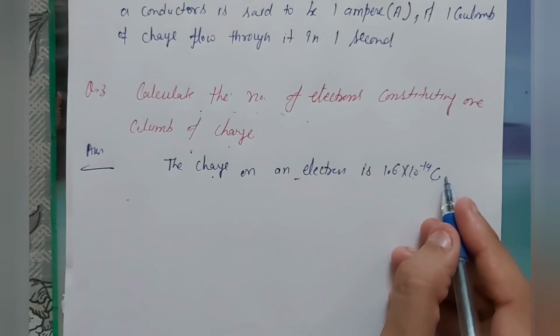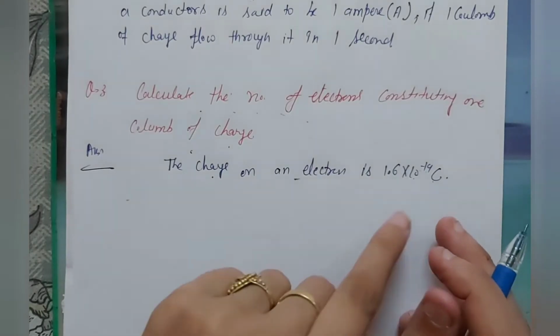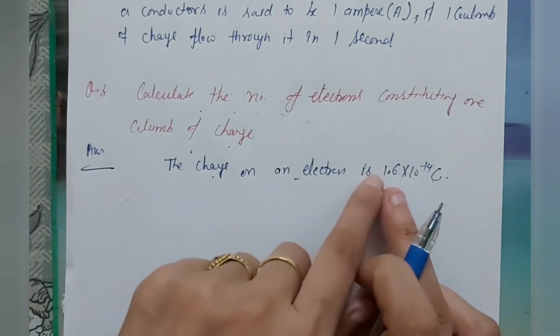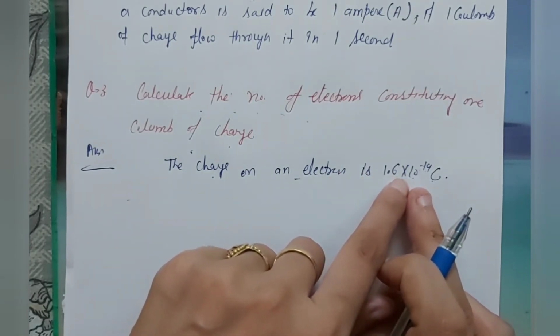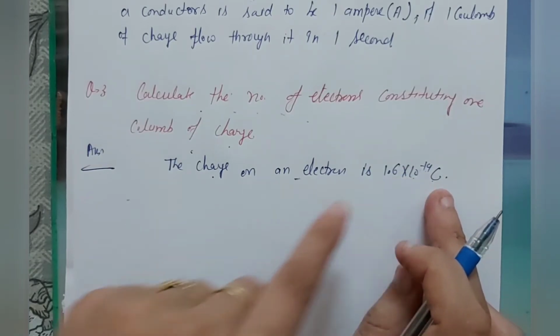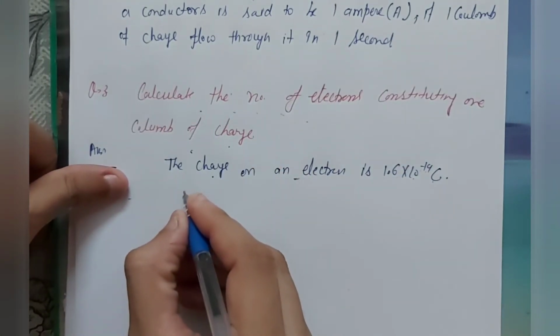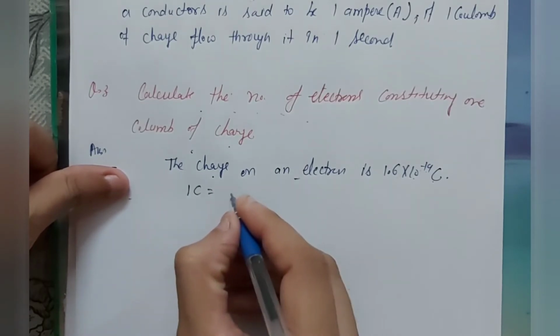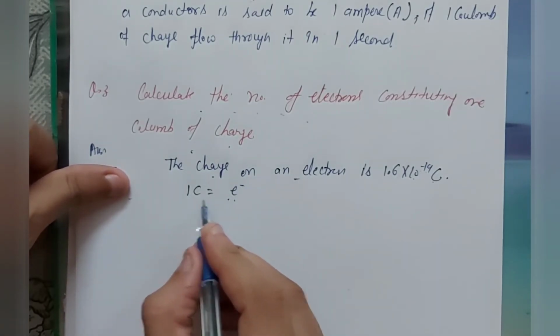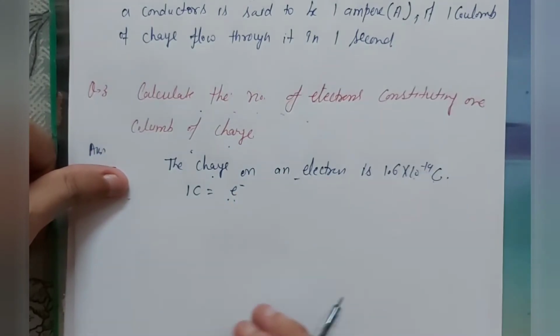If we have to find out how many electrons there are in only 1 coulomb, as we know, in 1 electron there are 1.6 into 10 raised to power minus 19 coulombs, then how many electrons are in 1 coulomb? That means we have to find the number of electrons in 1 coulomb.